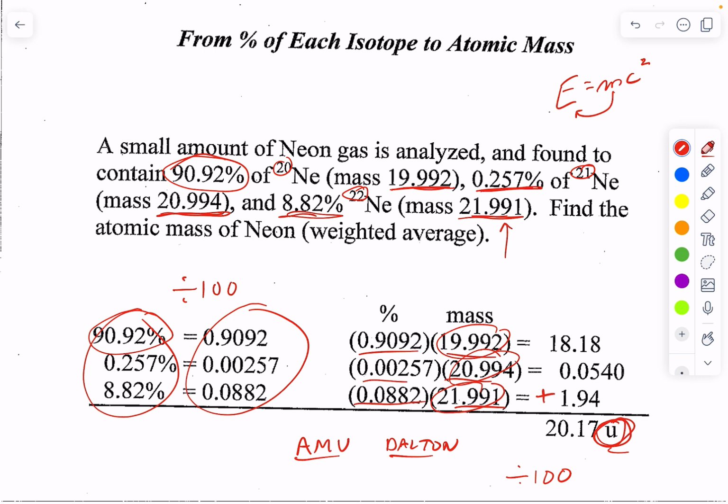Now, please notice, as far as significant digits are concerned, we have 4 significant digits here, 3 significant digits there, 3 significant digits there.